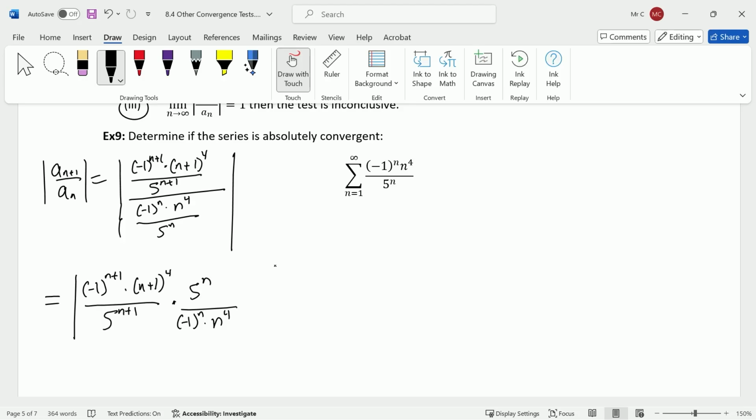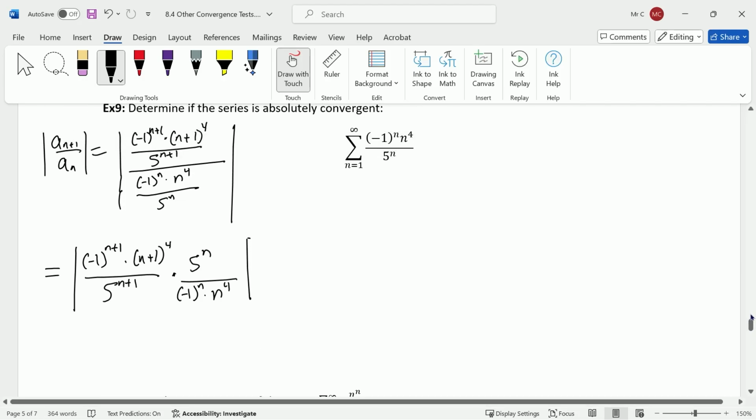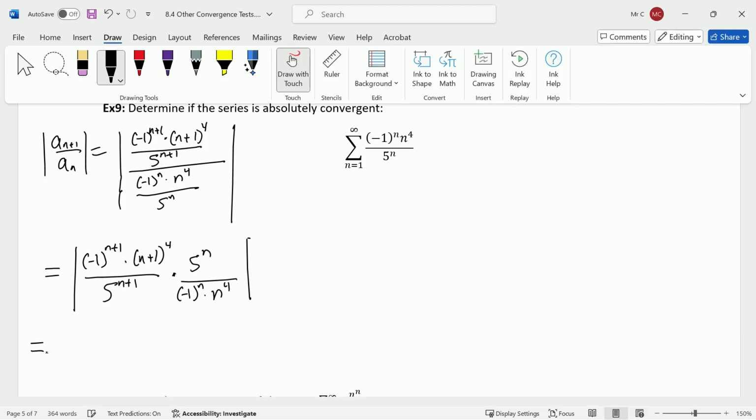And so now I'm going to do a bit of simplification. Here I've got negative 1 to the n plus 1 over negative 1 to the nth power. That leaves me with just negative 1 up top. And 5 to the n over 5 to the n plus 1 leaves me with a single factor of 5 in the denominator.